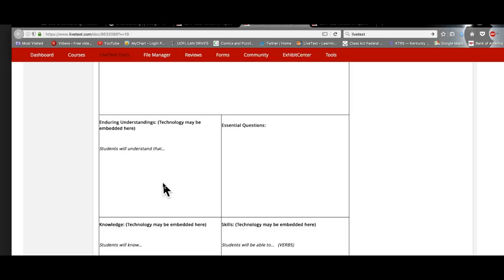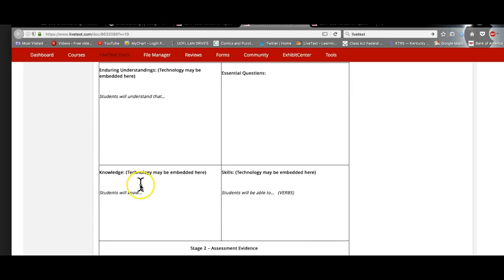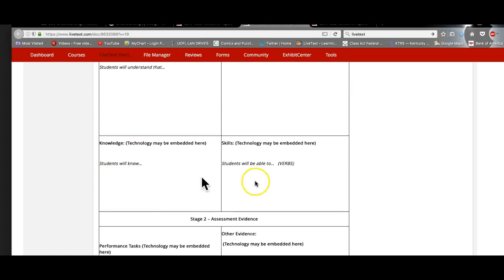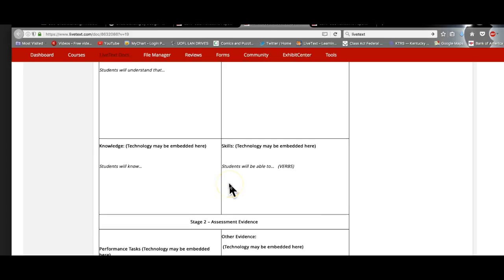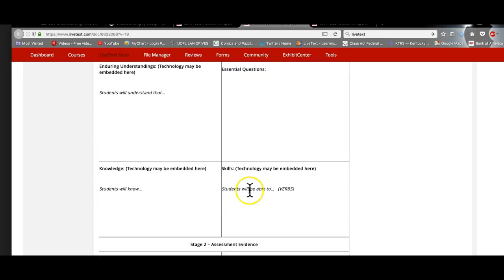Now, in some trainings, this is called the nouns and this is called the verbs, obviously. But here we're just using it this way. Students will know. What are they going to know? And students will be able to. What are they going to be able to? Does this look like this could be where the facets of understanding fits? You betcha.